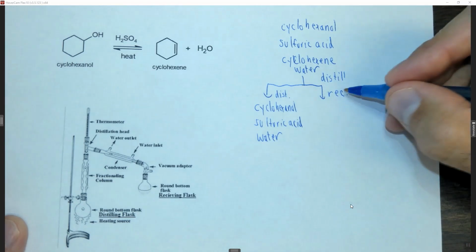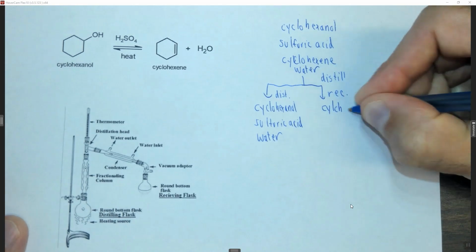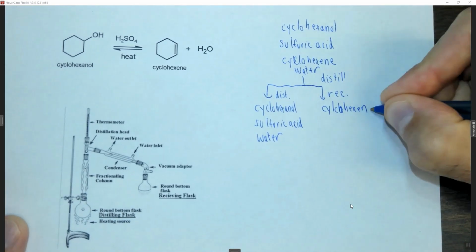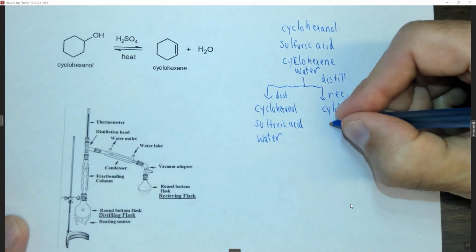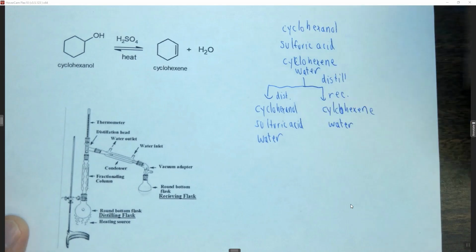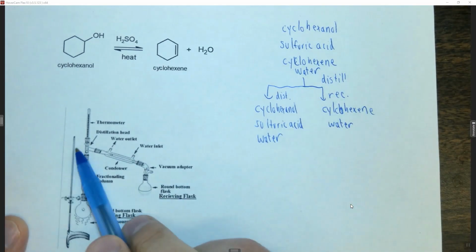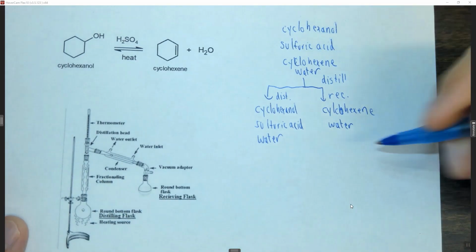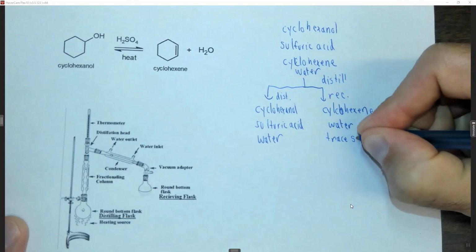The receiving flask should mostly contain your cyclohexene, okay, because we're going to push it over into the receiving flask. But it's also going to contain water because this is an azeotrope, so it's definitely going to contain water. That's why the boiling point is so low, 55 to 60 degrees C. And it may contain, although unlikely, trace sulfuric acid.